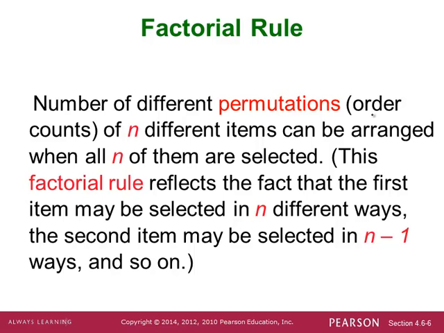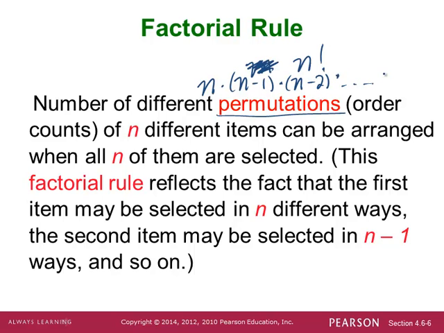And the number of different permutations, aka arrangements of n different items, in other words, the number of ways that the n different items can be arranged when all of them are selected, is going to be n factorial, because there are n ways of choosing the first item, and n minus 1 ways of choosing the second item, and n minus 2 ways to choose the third item, and so forth, all the way down to 2 ways of choosing the second to last item, and then finally 1 way of choosing that very last item. So that's n factorial.